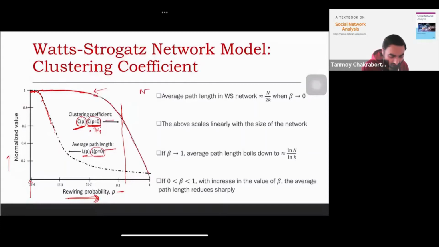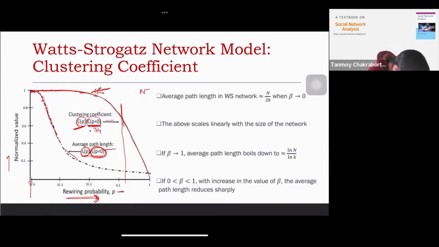The denominator is always fixed, so this value starts decreasing, and therefore the ratio also starts decreasing. And this is an immediate effect, as compared to the clustering coefficient, which starts decreasing only after p equals 0.15 or 0.2.